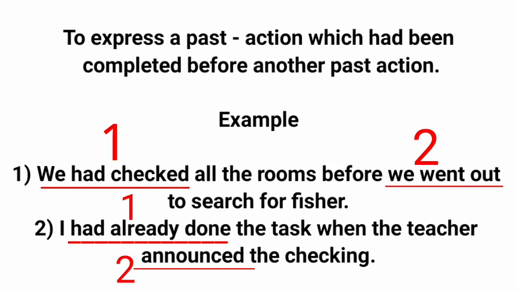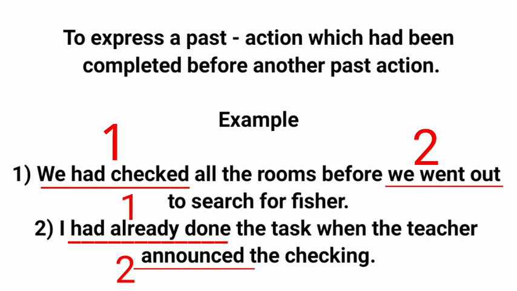Now what is interesting to note is that in these two actions, the action which has taken place earlier, which has taken place before, will take past perfect, and the action which has taken place later will take simple past tense. This means that you want to say they had already checked the rooms before we went out to search for the fisher.